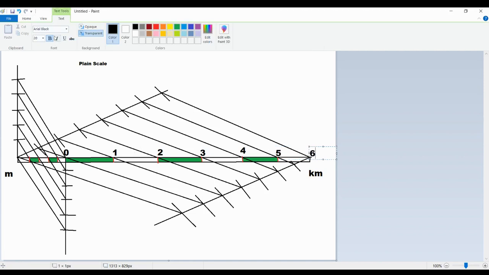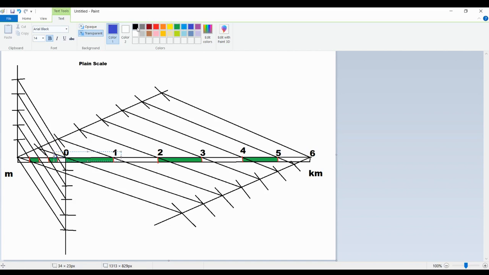Now coming to the meters portion. Let me just decrease the font size a little bit. Alright, we know that each subdivision over here is equal to 200 meters because there are 5 subdivisions. 200 multiplied by 5 will be 1000 meters. Alright, so we write 200 over here. I think I'll pick another color. Is this color visible?